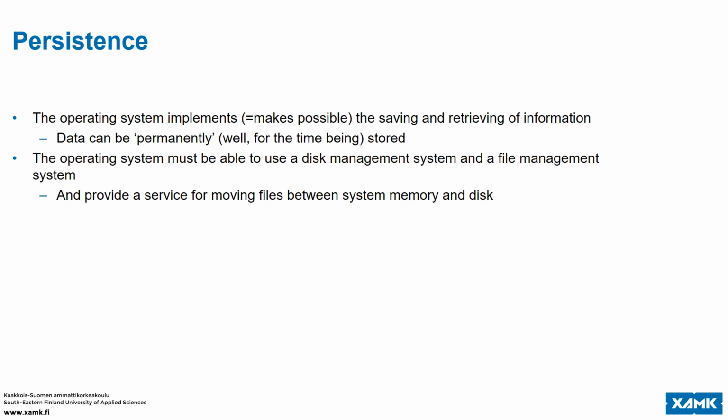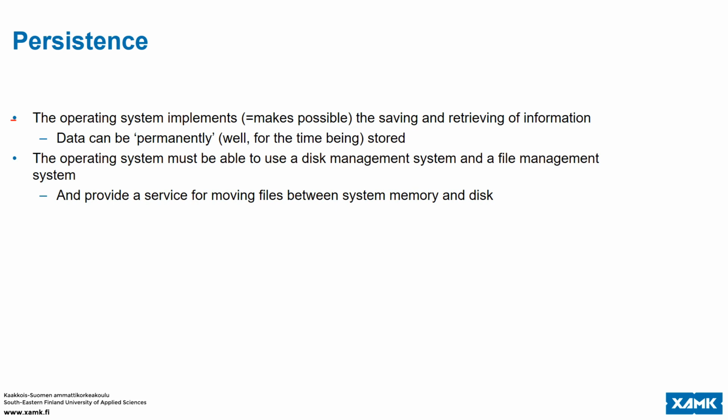Finally, the concept of persistence. The operating system implements some sort of saving and retrieving of data for the application programs, so that data can be more or less permanently stored.